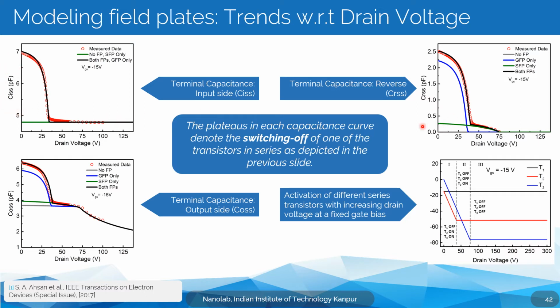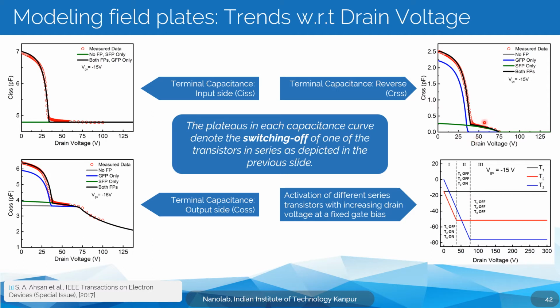Now for the output side capacitance, the reverse capacitance, which is CRSS, which is nothing but CGD, you can again see a very interesting trend. If you just consider T2, which is the gate field plate, as we discussed in the previous slides, you'll see that the CGD for that device goes down to zero or a certain fixed number at the voltage where T2 turns off.